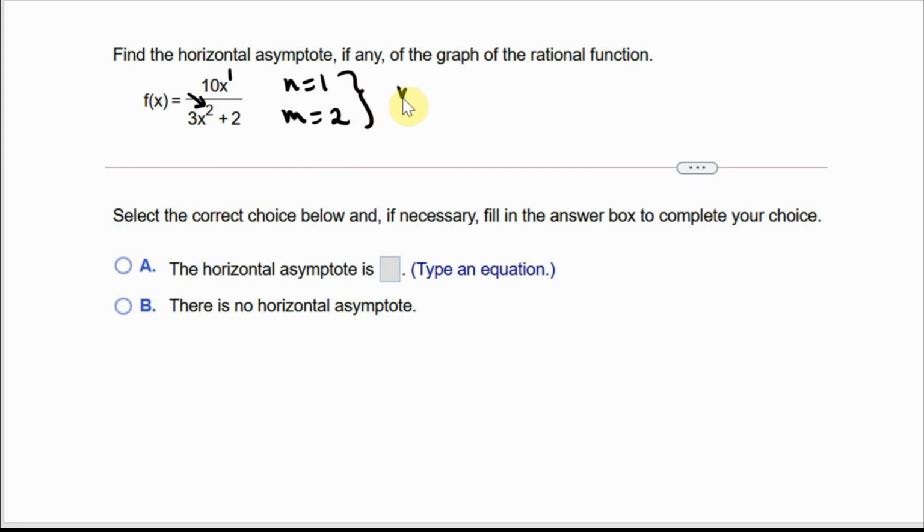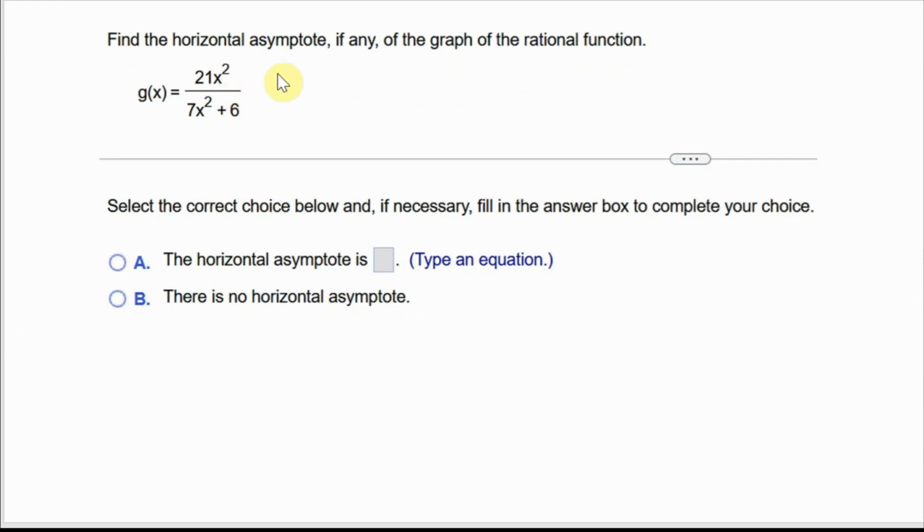And so we said that if n is less than m, this implies that the horizontal asymptote is automatically the line y equal to 0. Well, that's what we have. We have 1 is less than 2. Now, here you have to put in there y equal to 0.